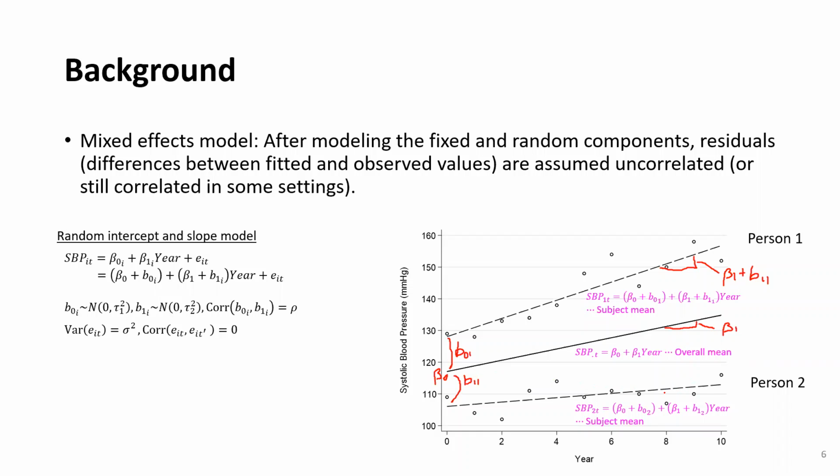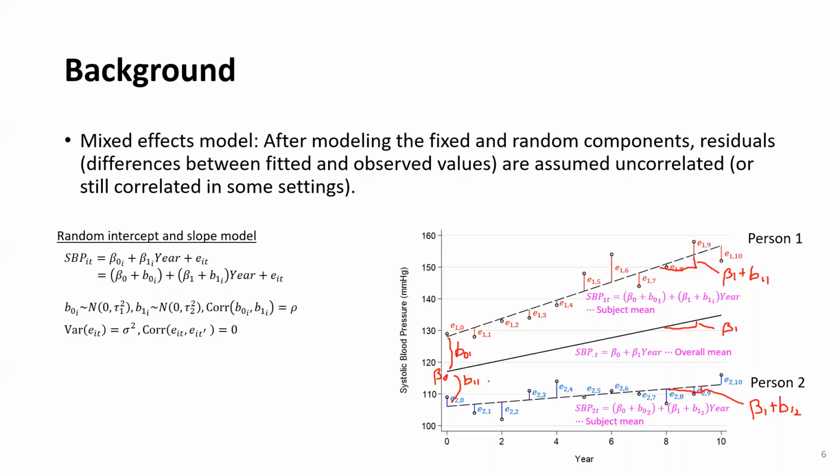And the slope of person 2, which is shallower as compared to overall, is given by this, which is equivalent to beta 1, the overall slope, plus the random component b12. So this is how we model using this mixed effect model with random slope and random intercept.